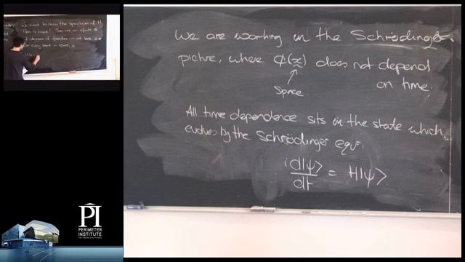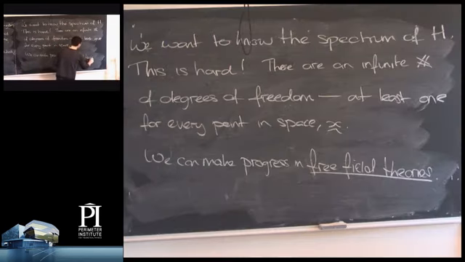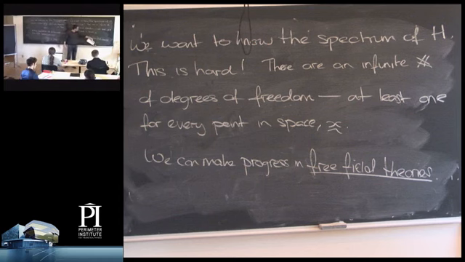Okay, so we can make progress in free field theories. If you want a quick and ready definition of a free field theory, it's a theory where if you look in the Lagrangian, the fields only appear quadratically. What that means is that if you look in the equation of motion, the fields only appear linearly.